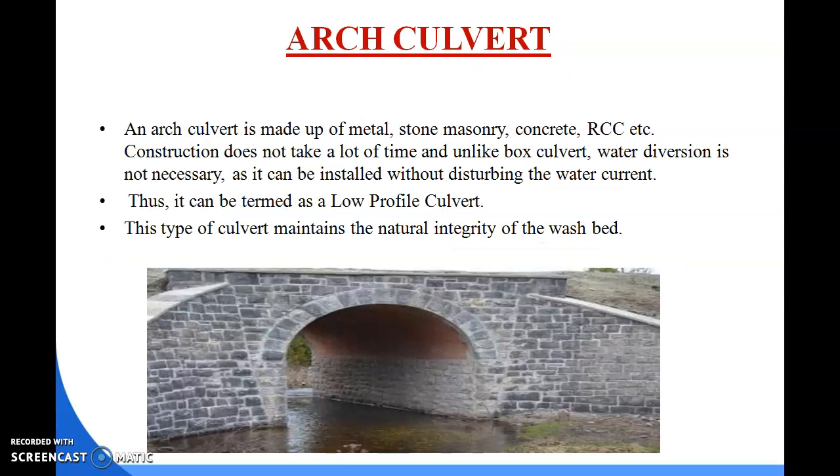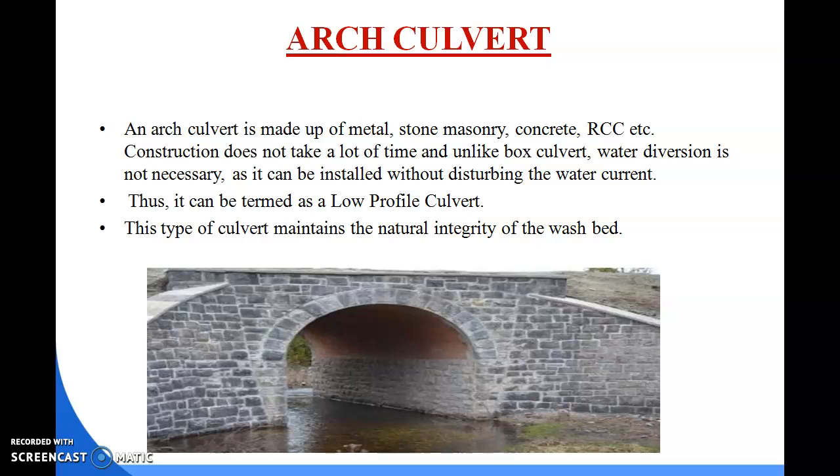So next come to the arch culvert. An arch culvert is made of metal, stone, masonry, concrete or RCC. Construction does not take a lot of time, and unlike a box culvert, water diversion is not necessary as it can be installed without disturbing the water current, and thus it can be termed a low profile culvert, and this type of culvert maintains the natural integrity of the wash bed.